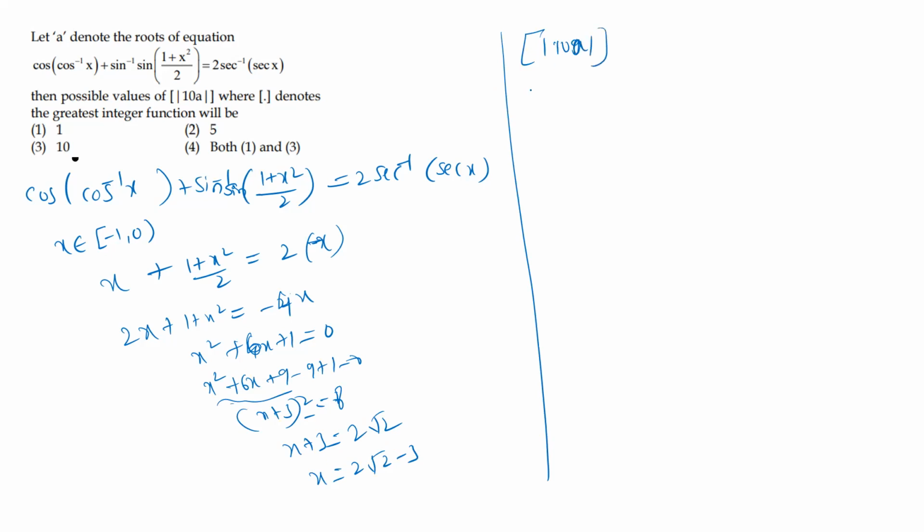Mod of this term, what will we take here? Now 10a means what will we get here? 20 root 2 minus 3, box value. Now 20 root 2 means 28.28 will come.